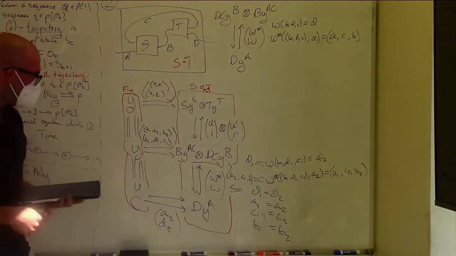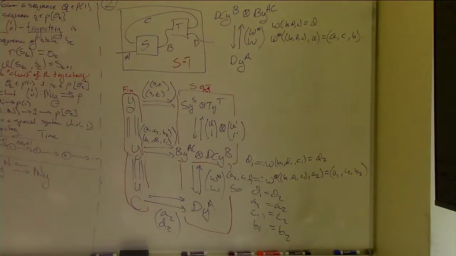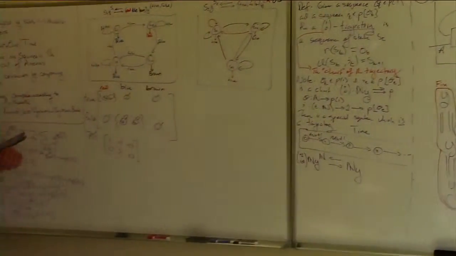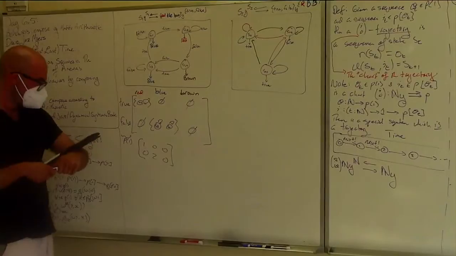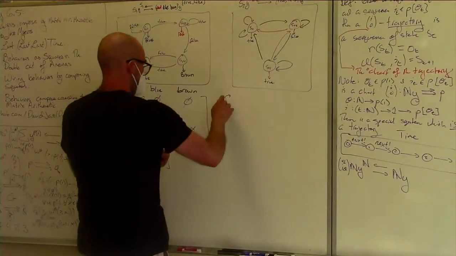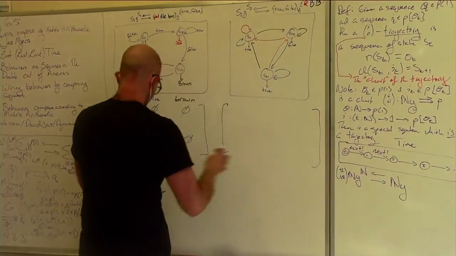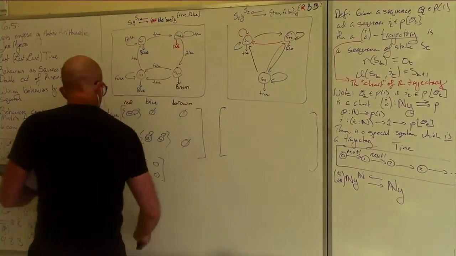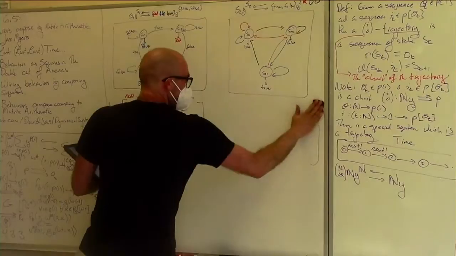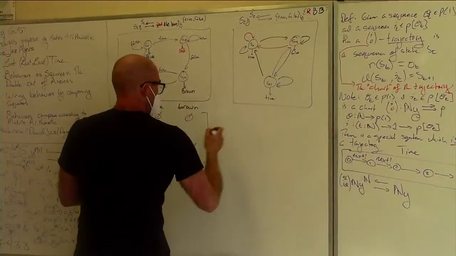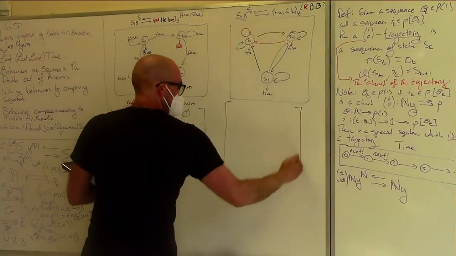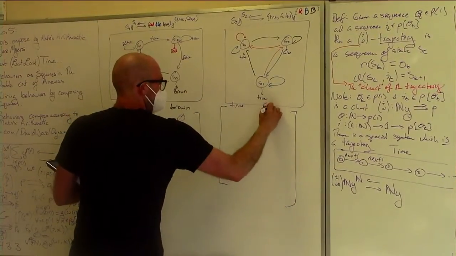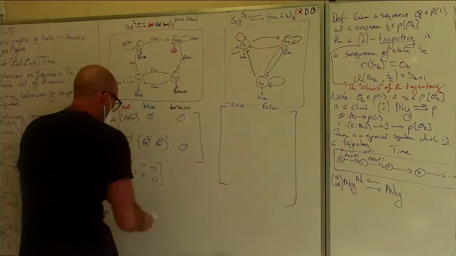Okay, so let's see that in an example. If we come back over here, we have all our steady states here. Let's do this one. It's a little longer. This one outputs true and false, and it inputs red, blue, and green.